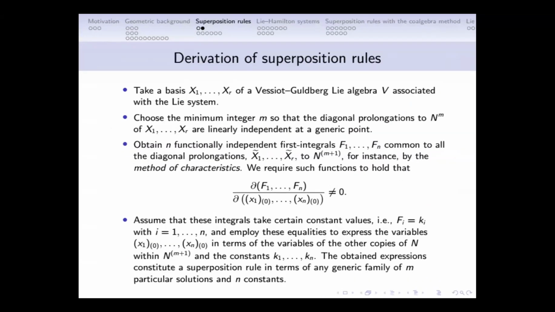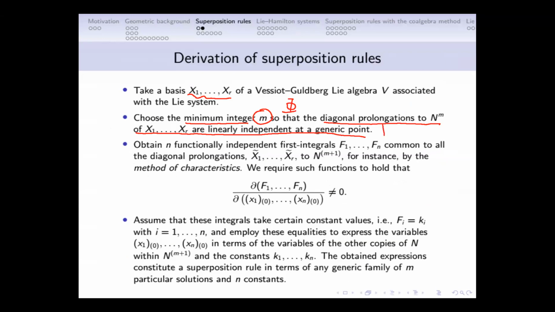Then, to get the first integrals, what you take is the basis of the Vessiot-Guldberg algebra, and to know the number of copies that you have to make is to choose the minimum integer, which is that m that we saw in the phi, so that the diagonal prolongations of all these vector fields are linearly independent at some generic point.